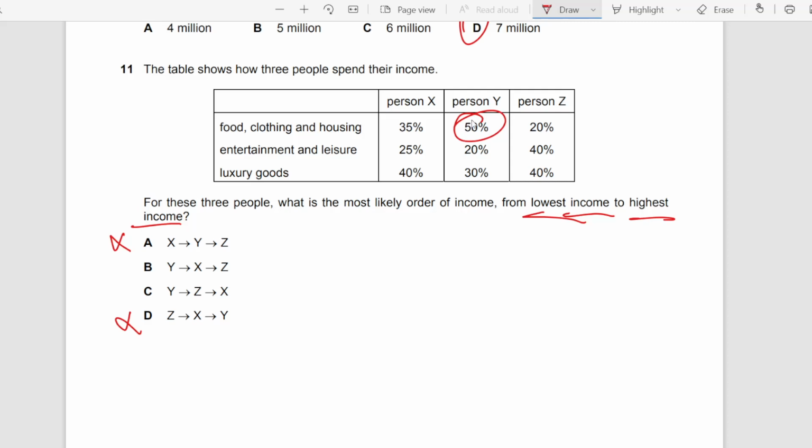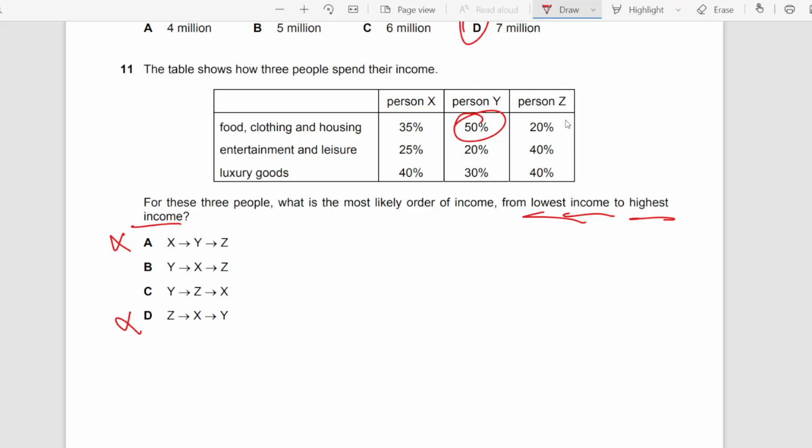And so after Y, the other person that spends most of his or her income on the basic needs is person X with 35%, right?